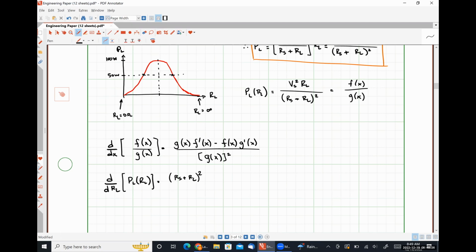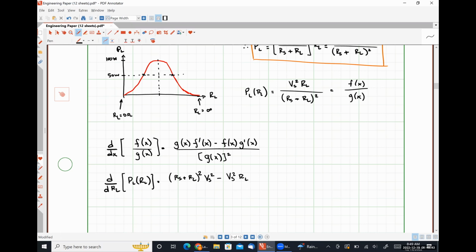So what's the derivative of VS squared times RL with respect to RL? VS squared, easy peasy. Then we're going to have minus VS squared times RL.